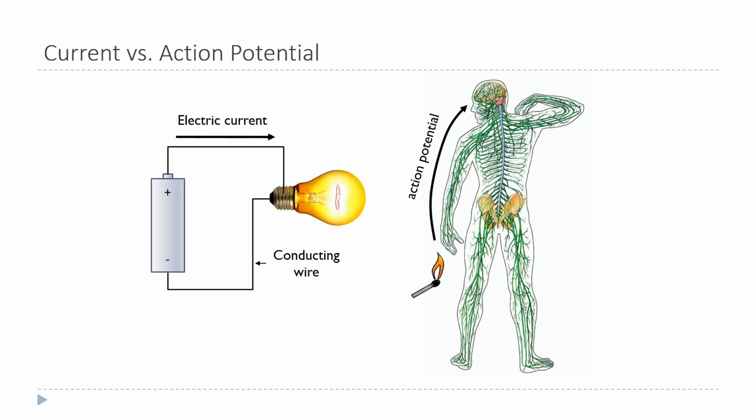An action potential is the electrical signal that travels along axons, and it involves electrical current, but it's not quite the same thing. For one thing, it's slower, so electrical currents move much more quickly than action potentials. And the action potential is not the same kind of passive movement of current from one place to another. It involves basically a wave of fluctuating membrane potential that travels along the membrane of the axon.